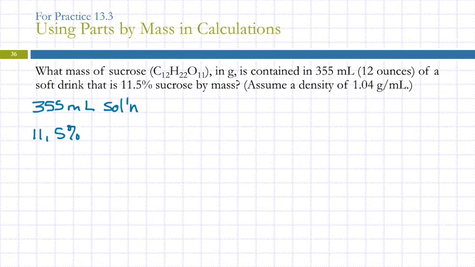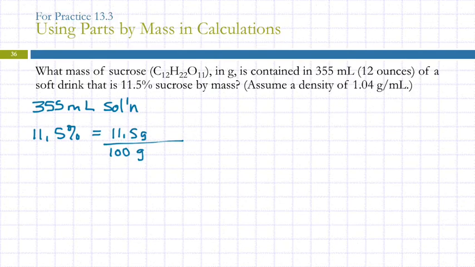Chemists get tired of writing the entire word, so we abbreviate it SOL'N. 11.5% sucrose. 11.5% means 11.5 per 100, and it says that's by mass, so we'll put grams on the top and grams on the bottom. The nice thing about mass percent is you can use any mass unit that you want, as long as you use the same one in the numerator and the denominator.